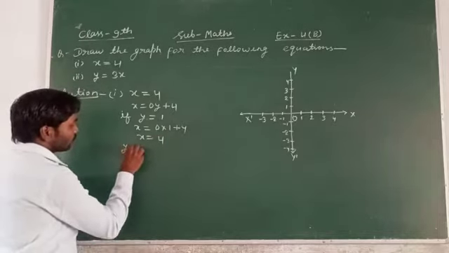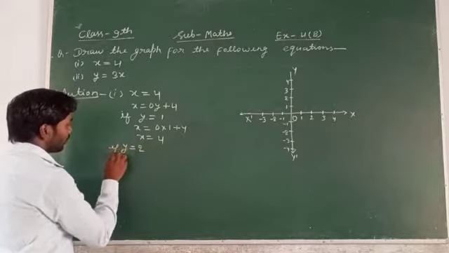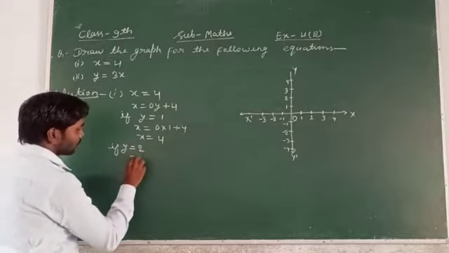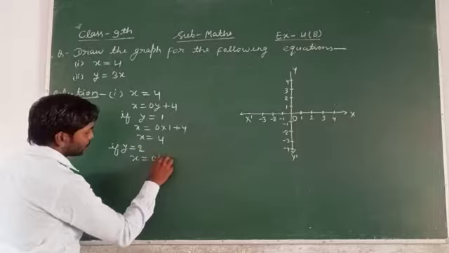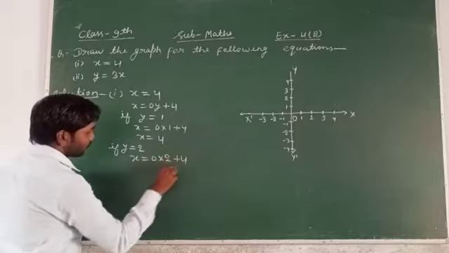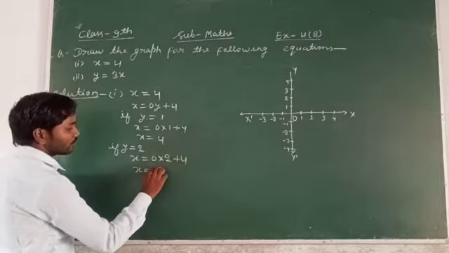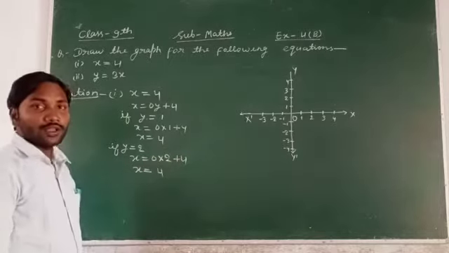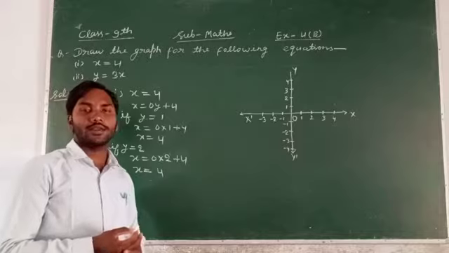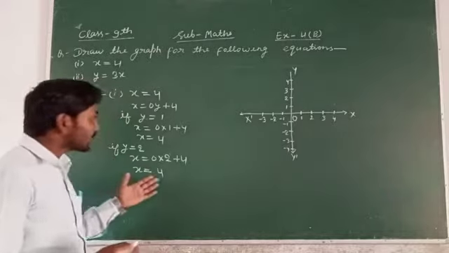For y is equal to 2, x is equal to 0 into 2 plus 4, which means this part will be 0, so 0 plus 4 will be 4. So for every value of y, we are getting x is equal to 4.